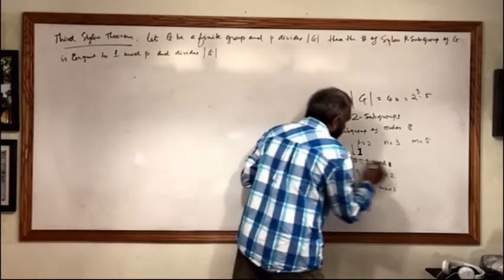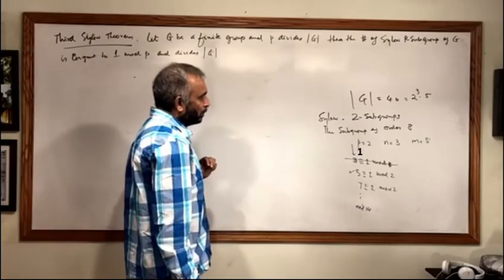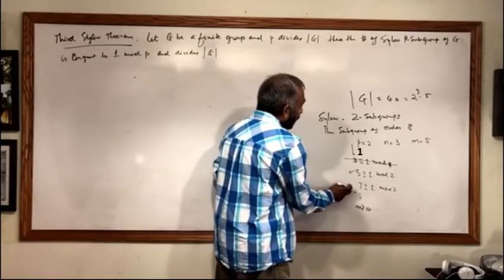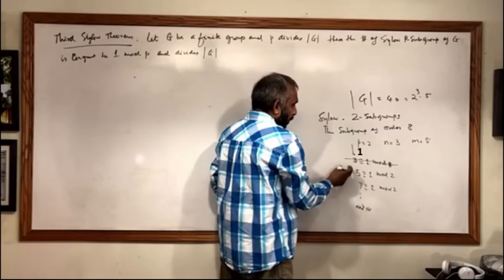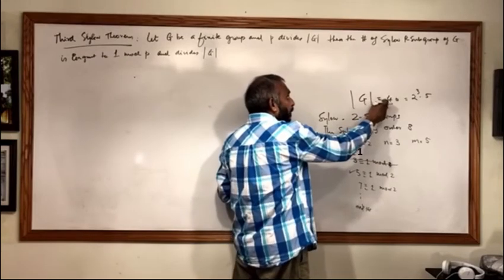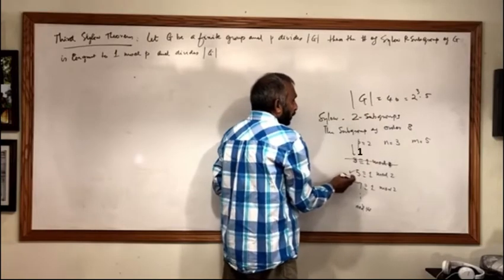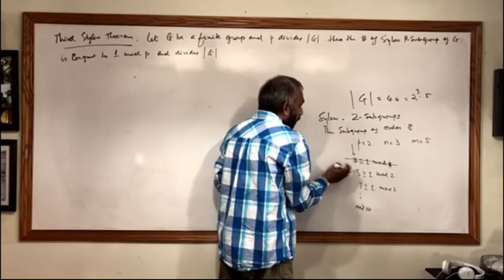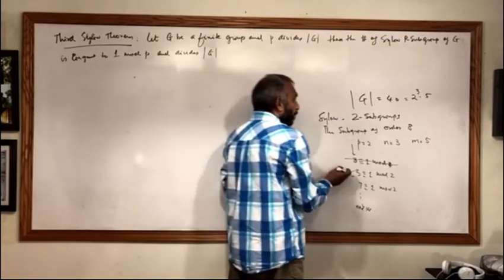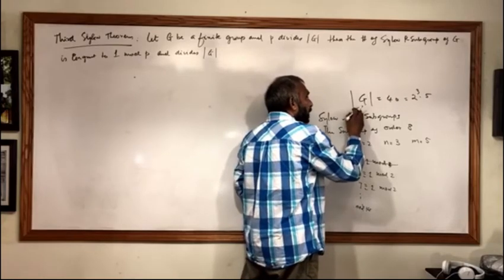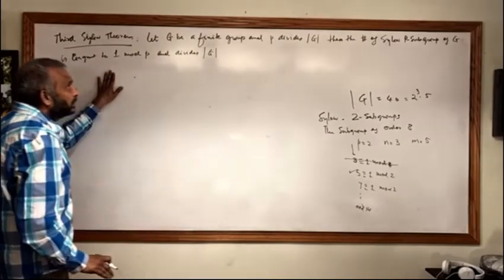So this is not possible. Of course this is possible. So find any other odd number that divides 40, which is not there. So there are only 5 Sylow 2 subgroups. So there are 5 subgroups of G of order 8. And that is what this theorem says.